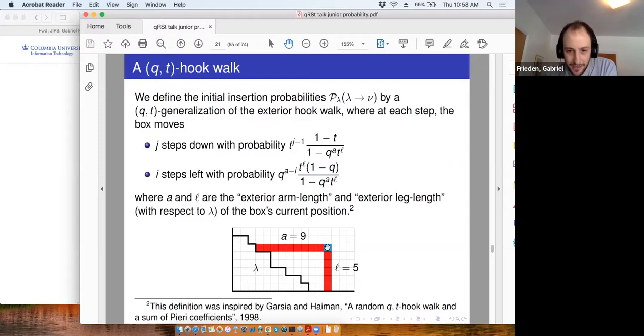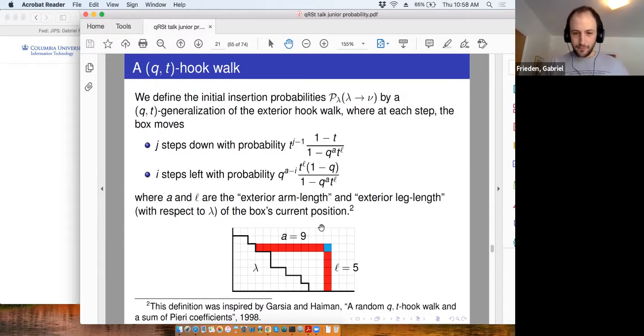But now you don't choose a box in the red uniformly at random. You weight it. So you move j steps down with this probability and i steps to the left with this probability. You can check, it's not too hard to see that all of these sum up to 1.